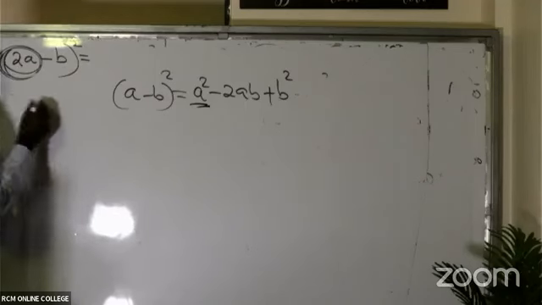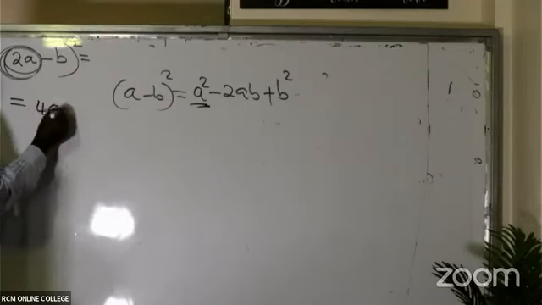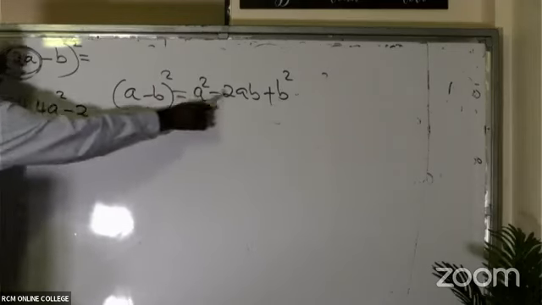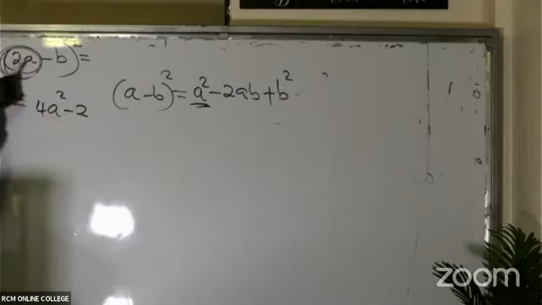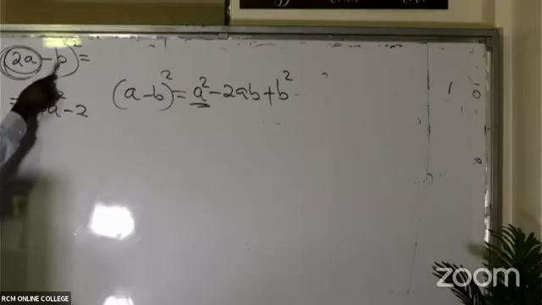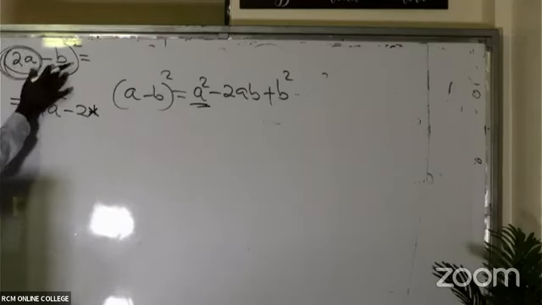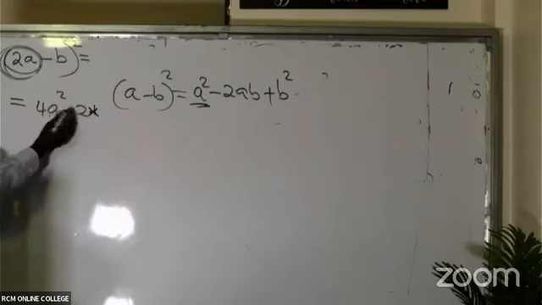So then this one here will be the same as what here? 4a squared minus 2ab. AB means that I take the whole of this as my a times this. So this will be 2ab, because I'm taking this times this. Of course, I've taken care of the negative.